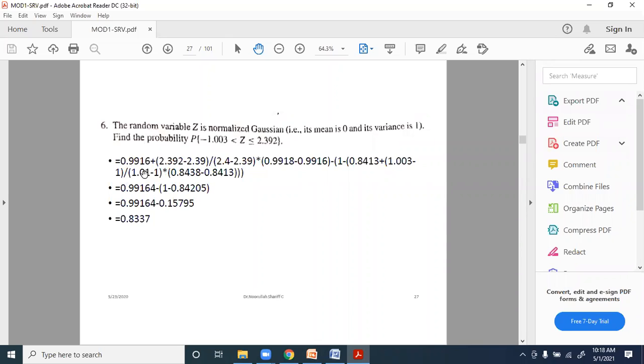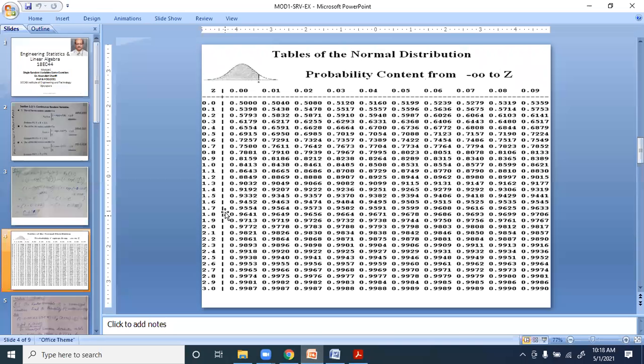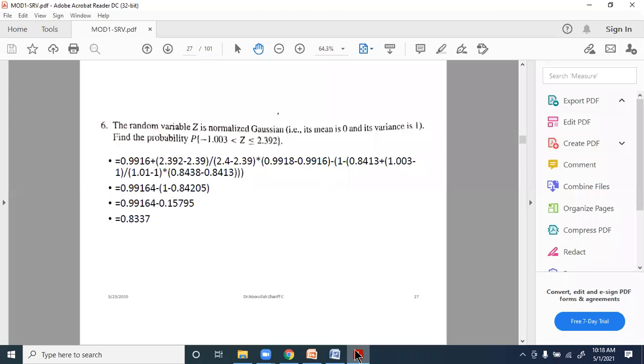Corresponding to these, we have 0.8438 and 0.8413 from the table, corresponding to 1.01 and 1.00. Those two values are written there, right? We find that, and that turns out to be 0.84205. If you subtract that quantity from 1, you'll get 0.15795, and subtracting that, you'll get 0.8337.